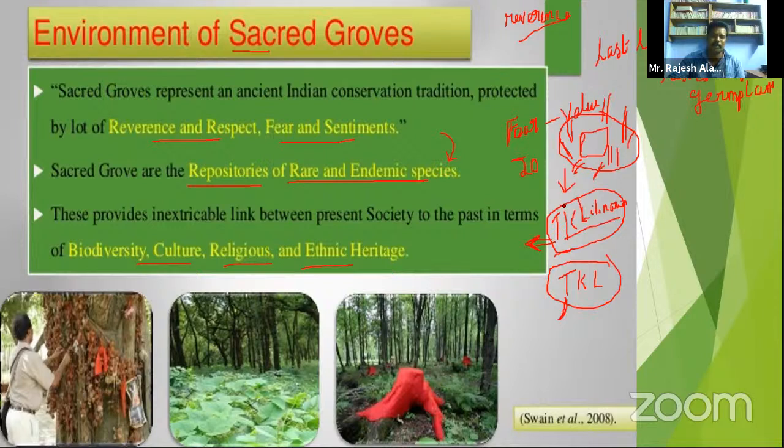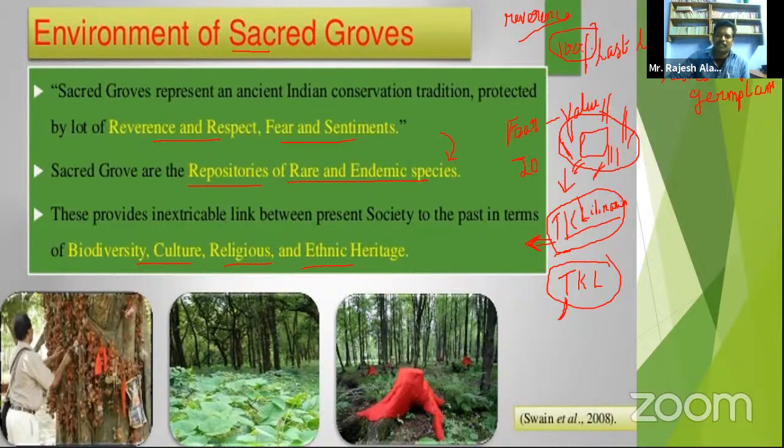So what is the problem, sir? These days, sacred groves are not the last landing resort. It is the last landing resort to a particular extent only. I can't tell that it is proving as a 100% landing resort of germplasm or 100% undisturbed protected area network. I couldn't tell like that. This happened some 5 or 10 decades back.